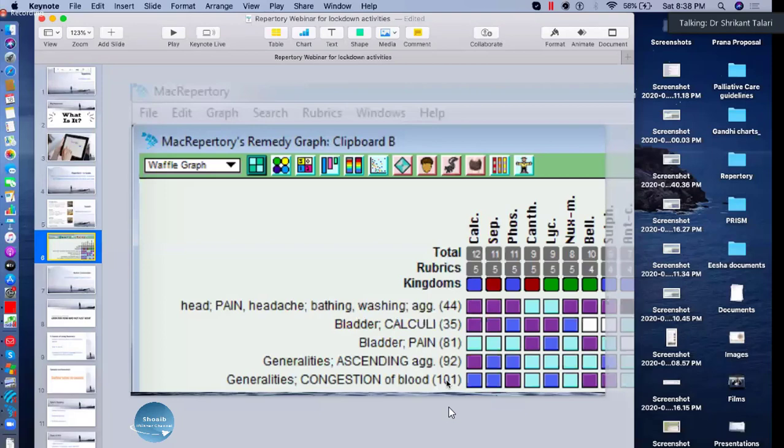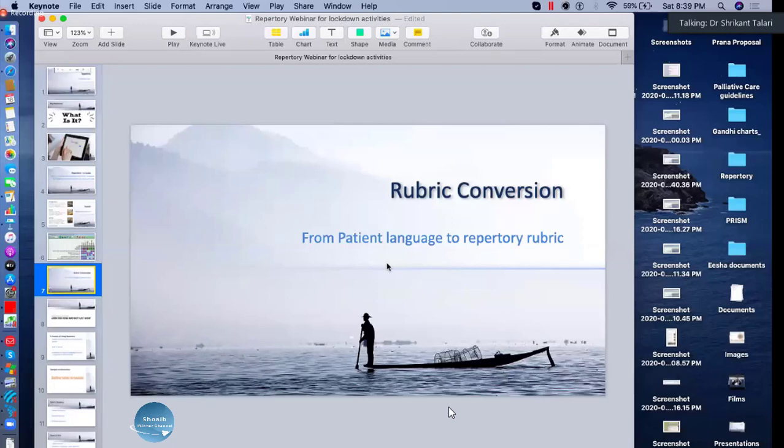So the question is, there are two kinds of repertorization. One is mechanical repertorization, where we have all these symptoms, and the other is artistic repertorization, where we also look at spirit and essence. And this is what we will try to learn today, how to choose rubrics where both these match up. The mechanical, that is what the symptom is, but also how the symptom is.